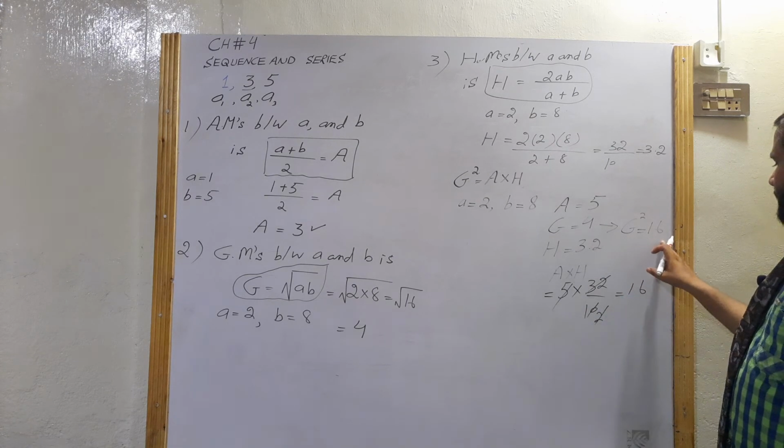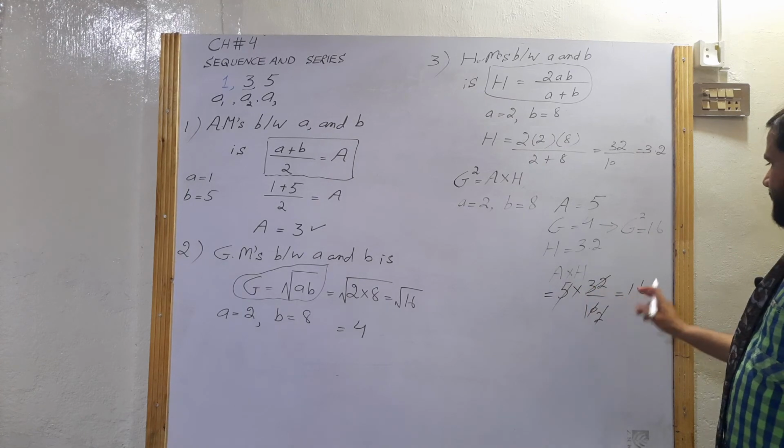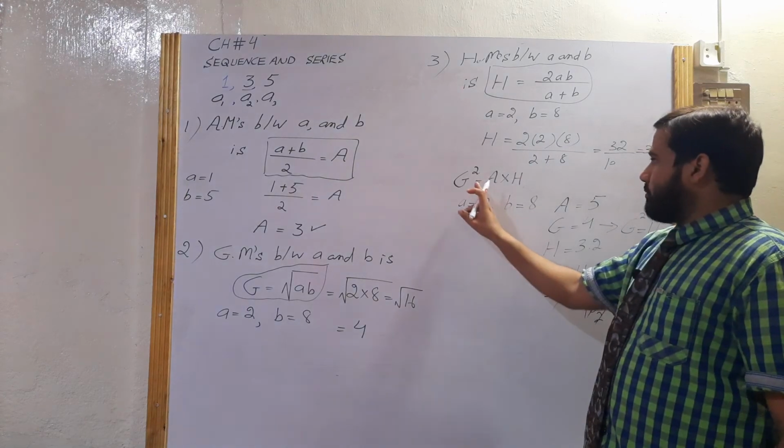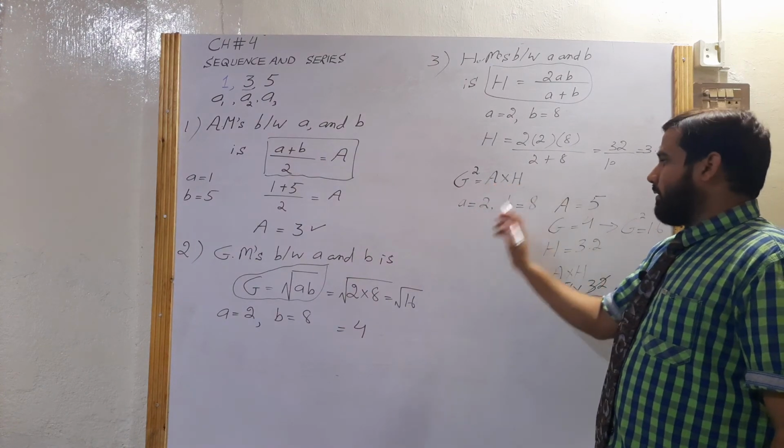Clearly the geometric mean squared is 16 and the product of the arithmetic and harmonic means is 16, so the geometric mean squared is equal to arithmetic multiplied by harmonic.